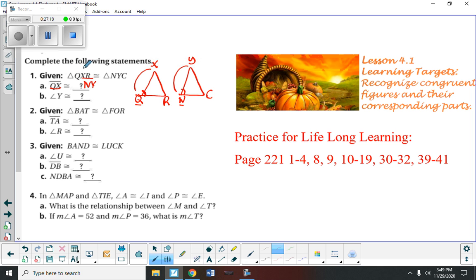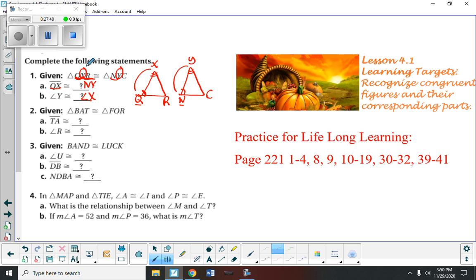The other thing you can do without drawing a picture is to say QX would be the first 2 letters here, so the first 2 letters here would be NY. And then angle Y, which one does that correspond to? Angle Y is the top one. It would correspond to angle X. Or you can just say Y is the center here and X is the center here. So that's all you do for that.